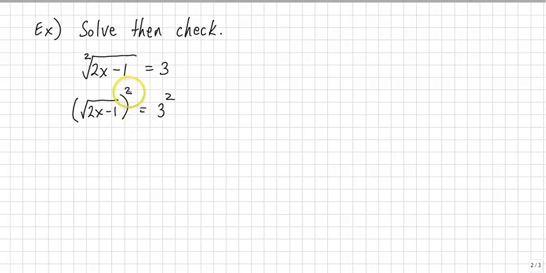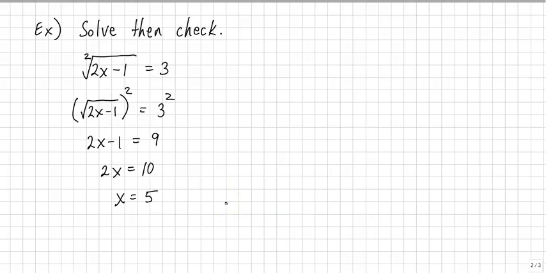Alright, so when you square a square root, in this case we're left with just the radicand, and 3 squared is 9. We'll add 1 to the other side and get 10. Divide both sides by 2 and we'll get 5. So we see that the solution to this equation is x equals 5.